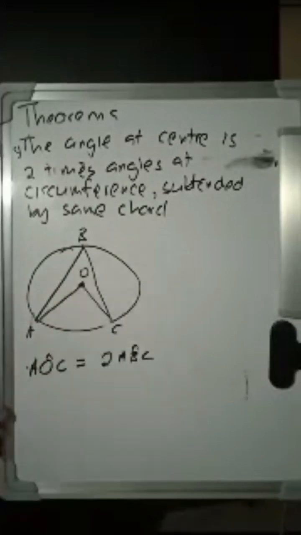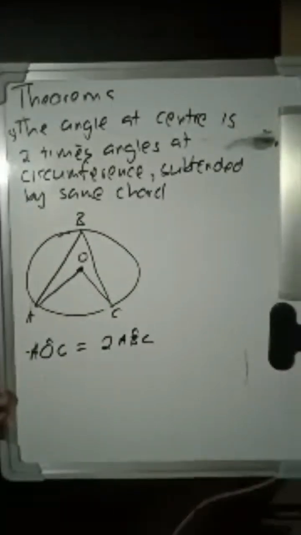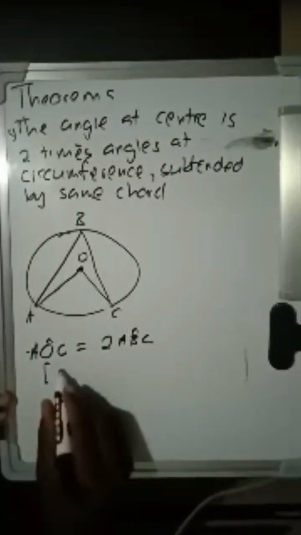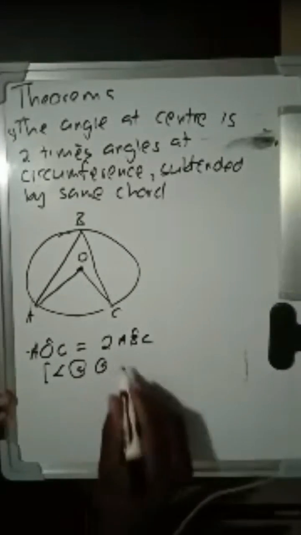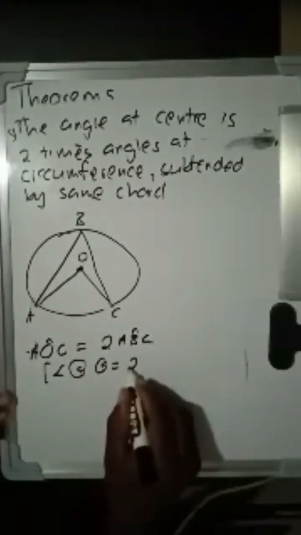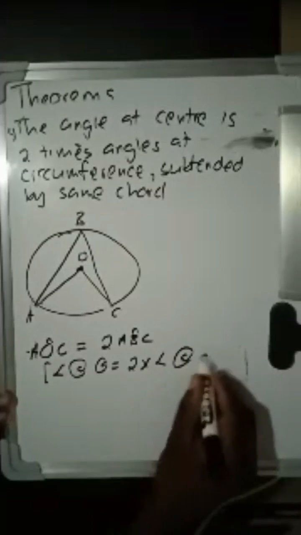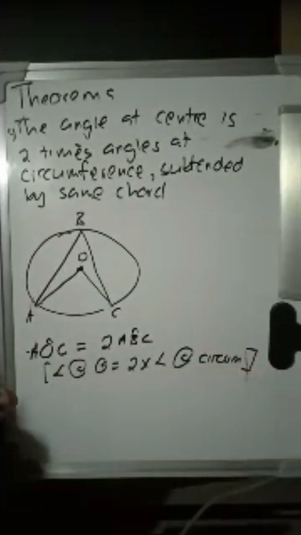This one needs a proof, but we are going to do the proof later, not today. The reason here will be angle at center is equal to 2 times angle at circumference. Because if you try to write the whole of it, you are going to fill the whole page.